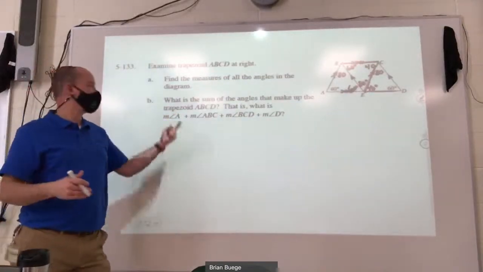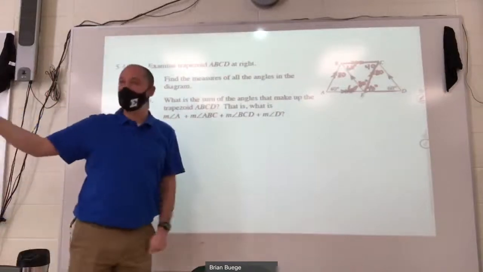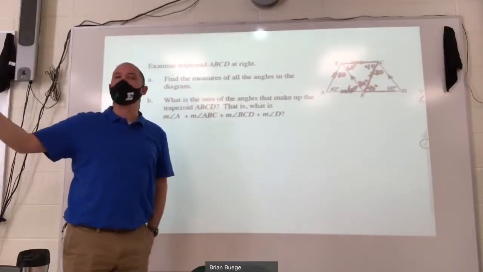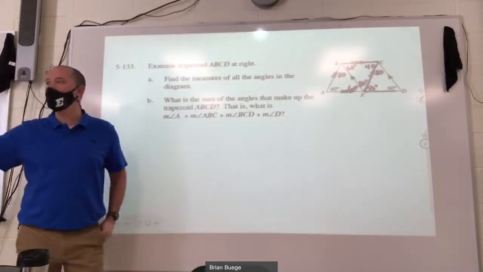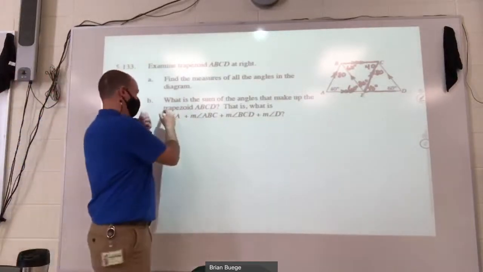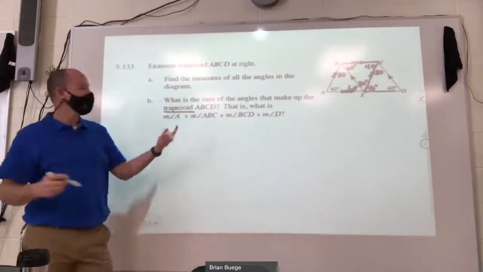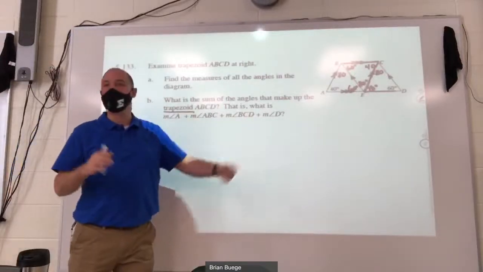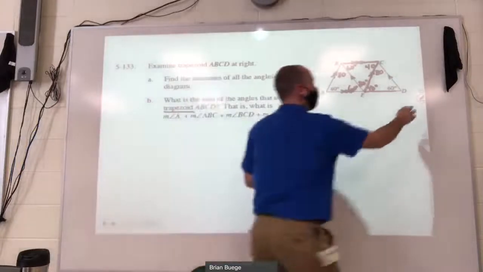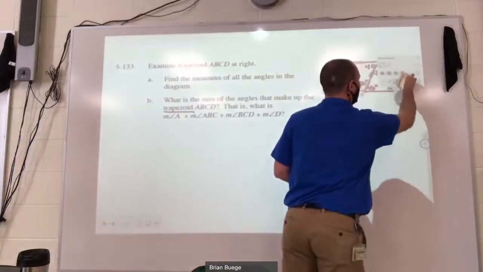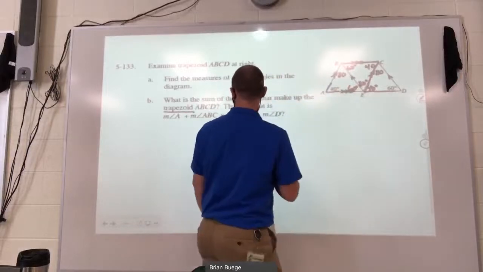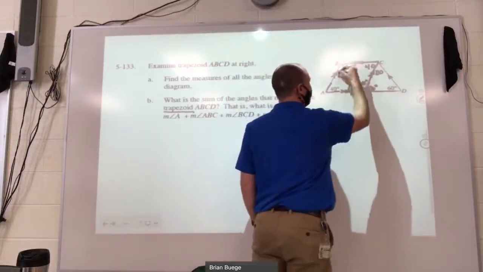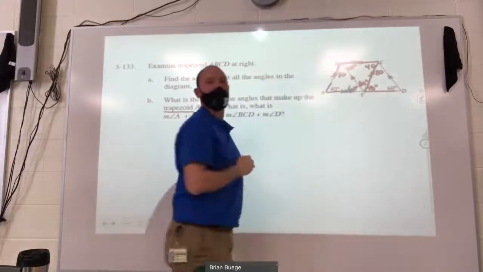And then part B is starting to set up something that's coming in chapter 7. Chapter 7 is talking about quadrilateral properties. Well, a trapezoid is a type of quadrilateral, and what they're really asking you is what do the four angles add up to? When they talk about these different angles, here's angle A. When they say angle ABC, they're talking about that whole angle right there.